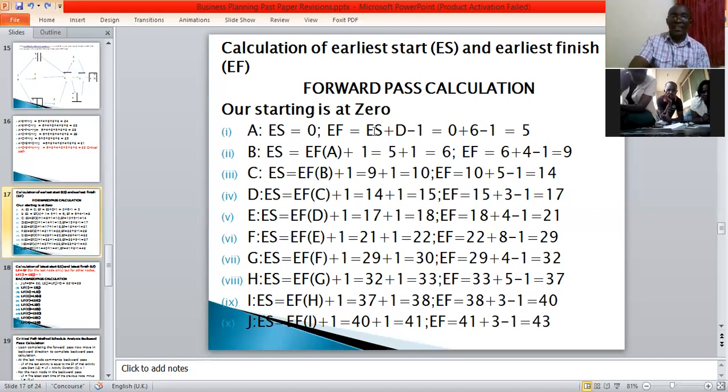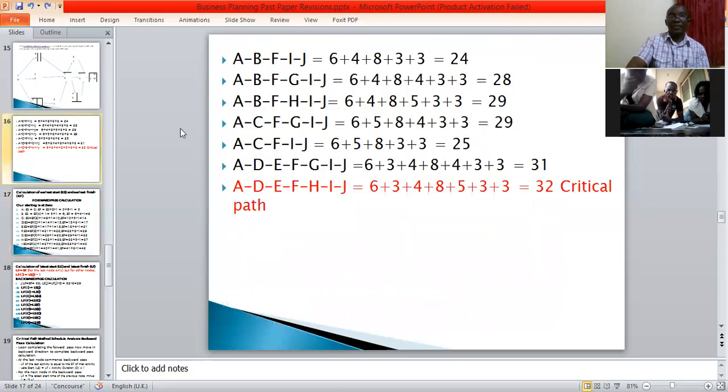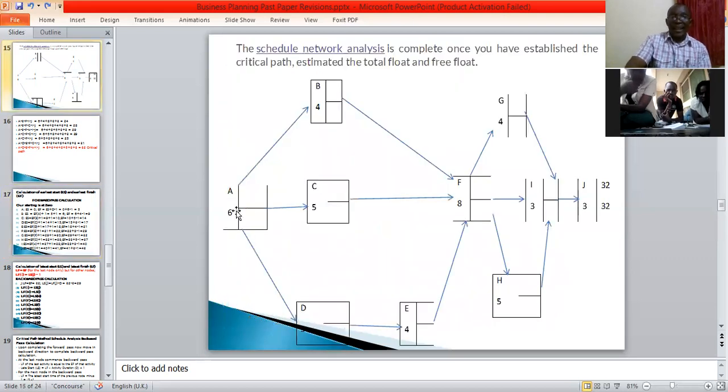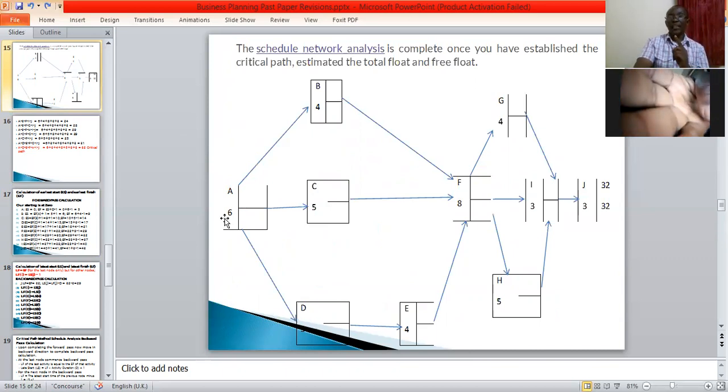So for activity A, the earliest start is 0, plus the duration. We are told that you need to take 6 months to finish activity A. So 0 plus 6 minus 1, that is the earliest finishing time.